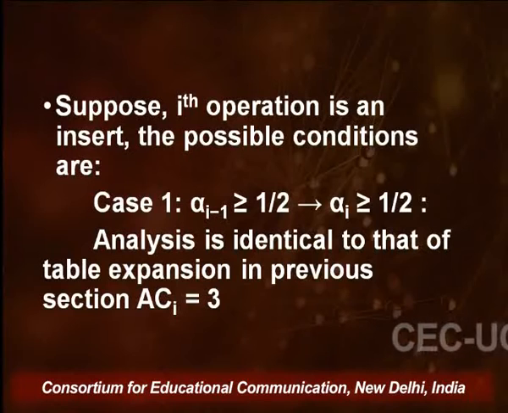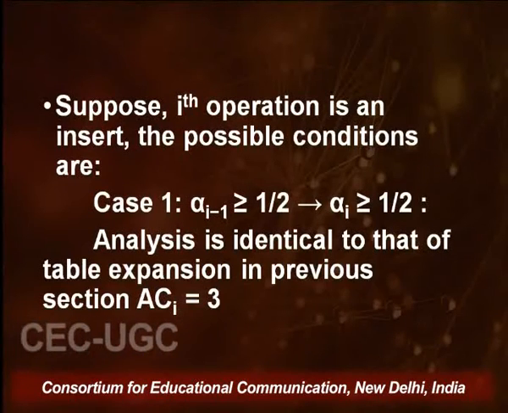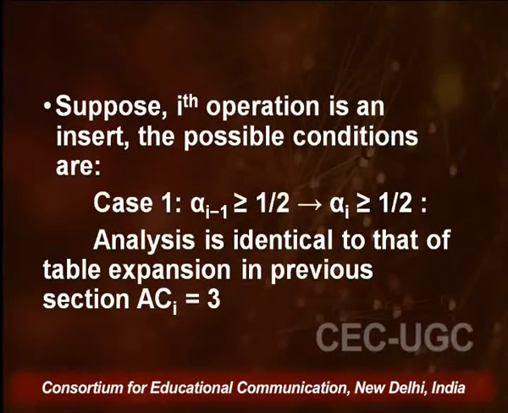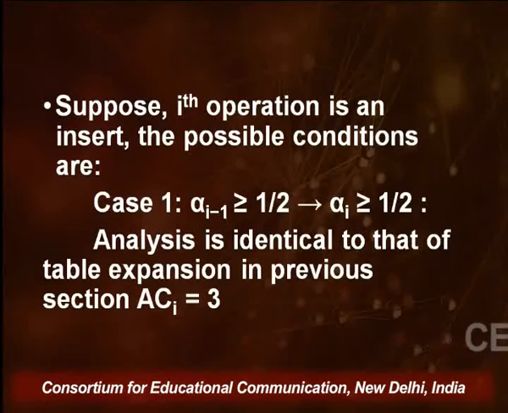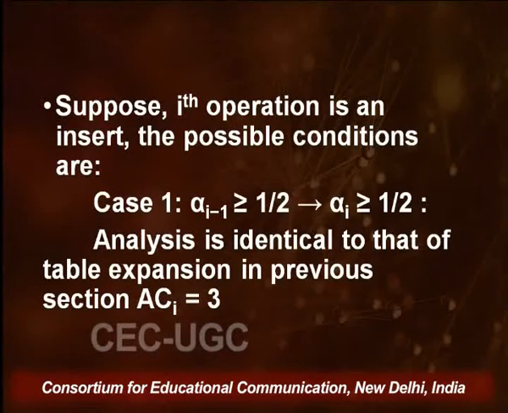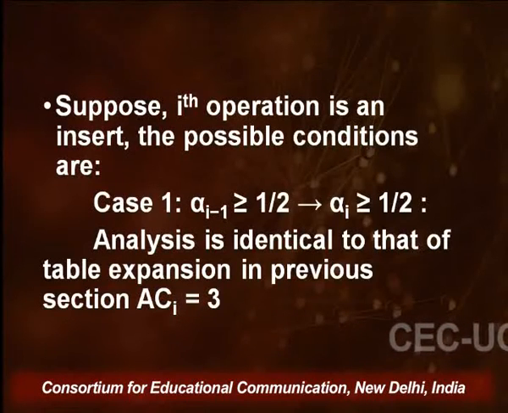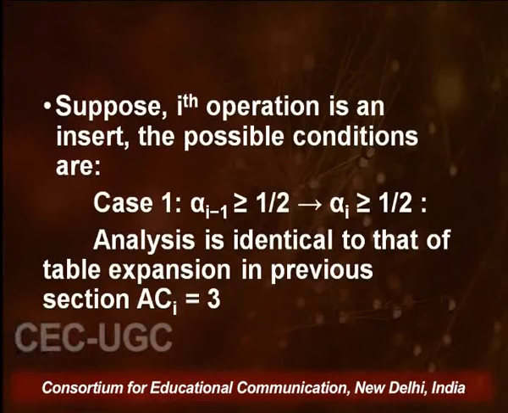In this situation, one case triggers the expansion and one does not, and for both cases the amortized cost comes up to 3, so these two cases are already covered.